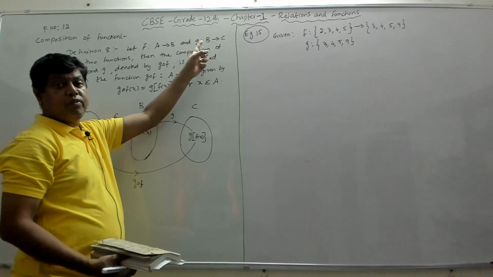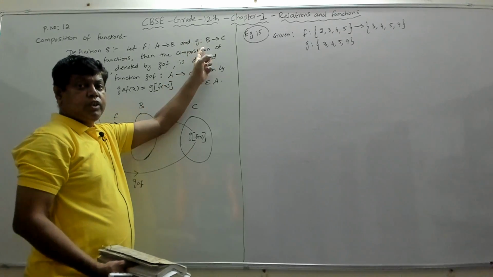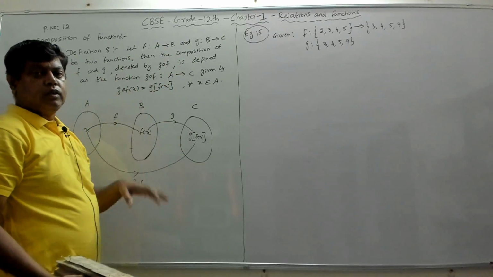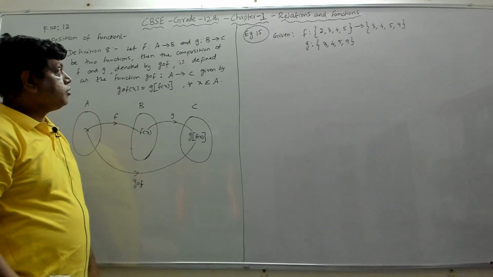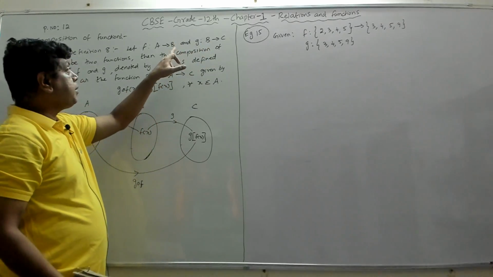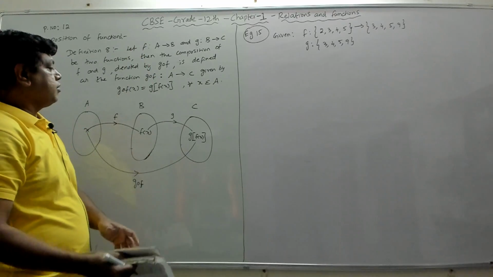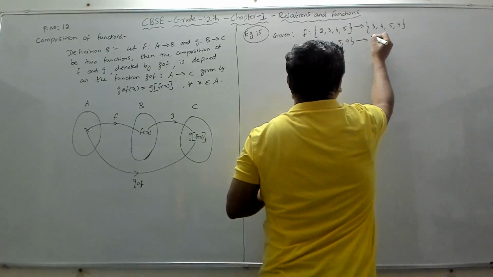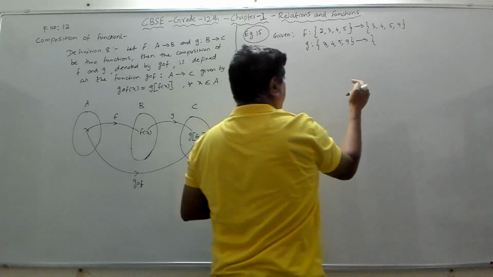The domain of function g should be the same as the codomain of function f, right? So these two should be the same if you want to talk about g of f.